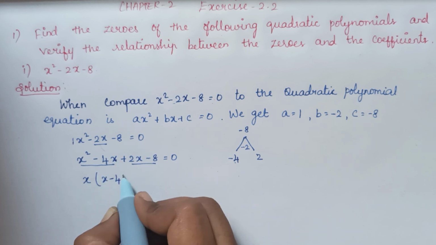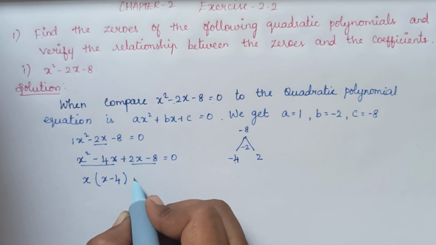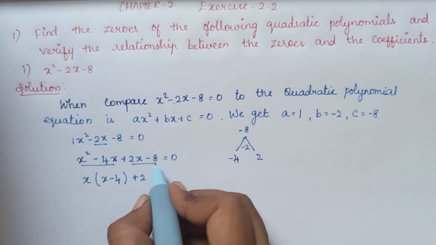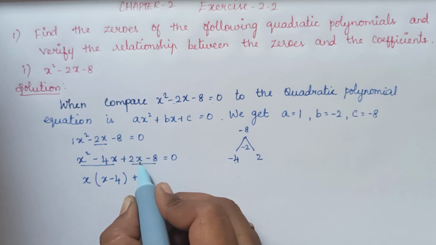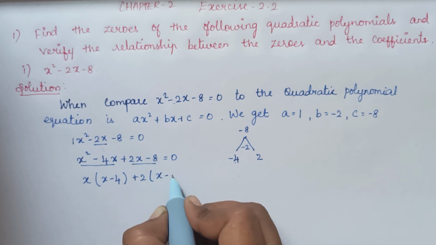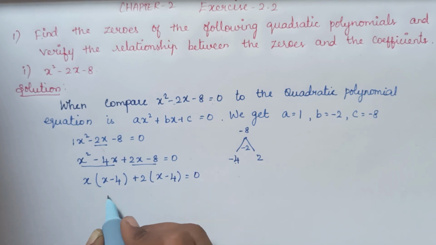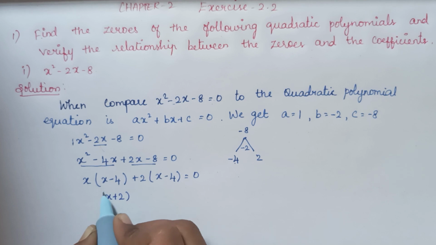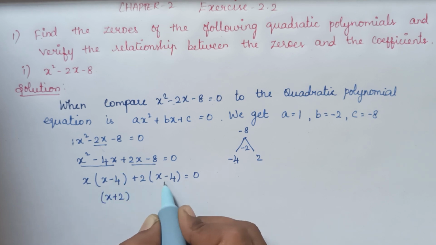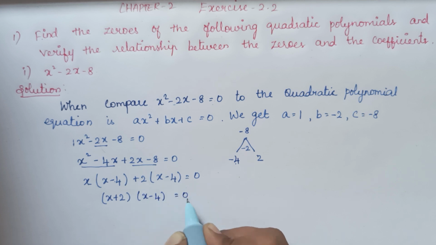Again here we take out plus 2: x is not in this term, so we can take 2 alone as common, and the remaining is x minus 4, equal to 0. So we can write x plus 2 as one term, and x minus 4 as the other, equal to 0.